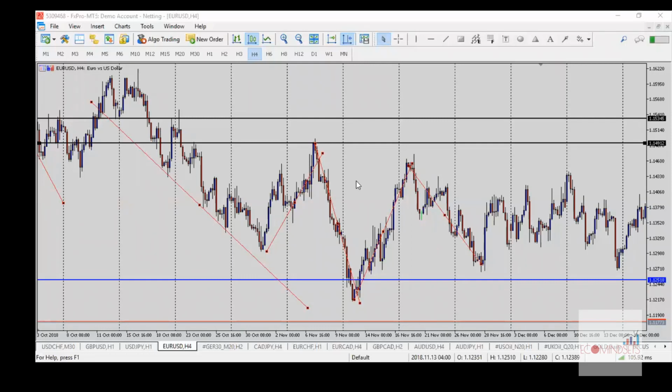And one thing you must identify is whether the downtrend being formed is a short-term downtrend or a long-term downtrend. You'll be able to identify that by knowing if it is a retracement or just a pullback, or a complete change of trend.